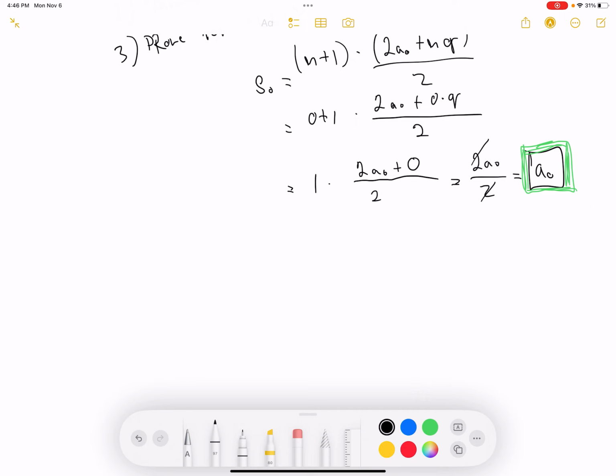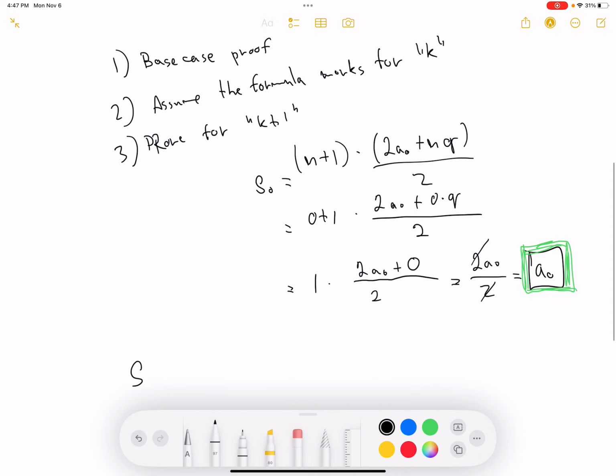It means that, let's say we want to prove it for, let's use the letter n actually, since we use n everywhere here, n and n plus 1. Okay.